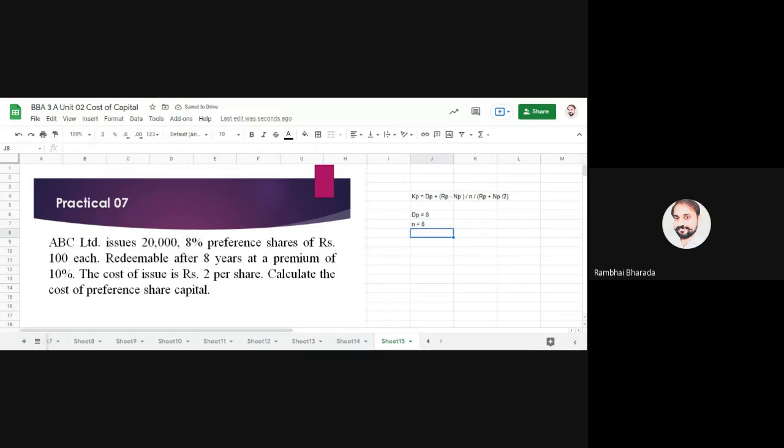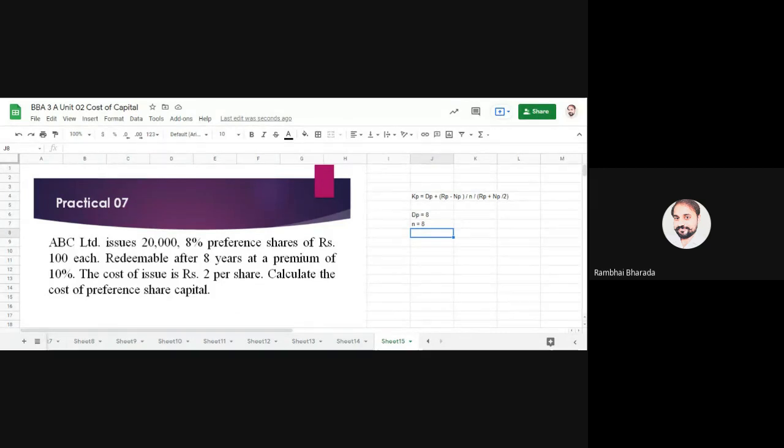क्लियर हो रहा है धीरे धीरे? एट अ प्रीमियम ऑफ 10%. क्या कंडीशन है? रिडीमेबल आफ्टर 8 years at a premium of 10%. So here premium of 10%, it means which value, NP or RP? This 10% will be added in NP or RP?